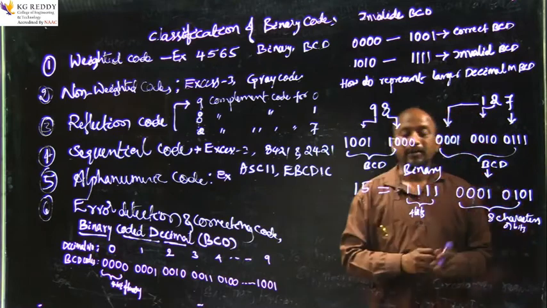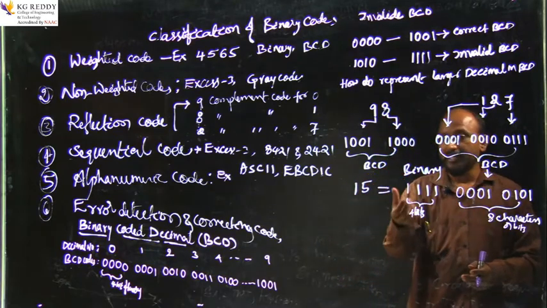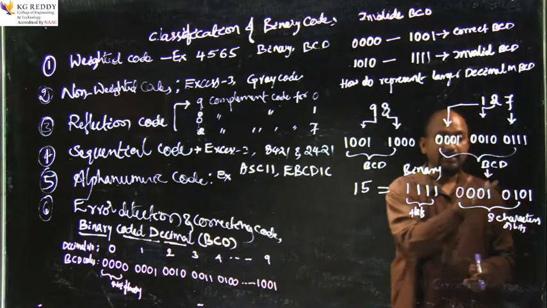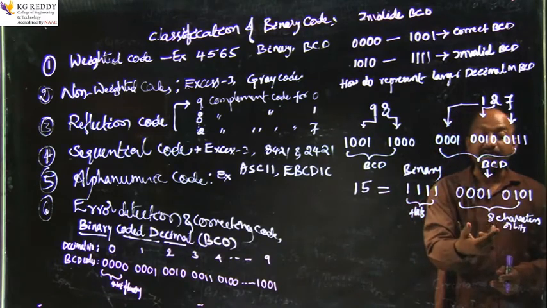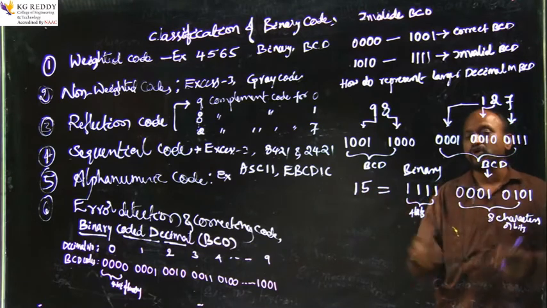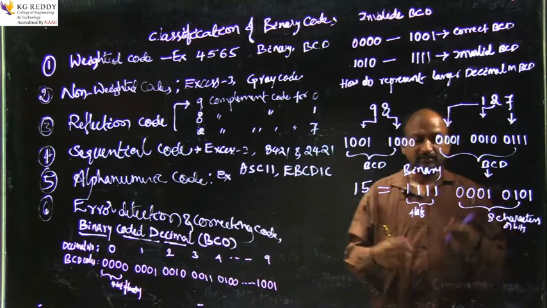That is a huge drawback in BCD. In normal binary we can take 15 as 4 bits, all ones, whereas BCD takes 8 bits to store this decimal number. This is the biggest drawback in BCD.